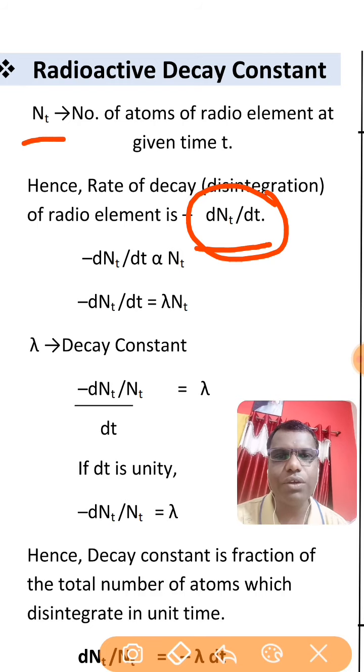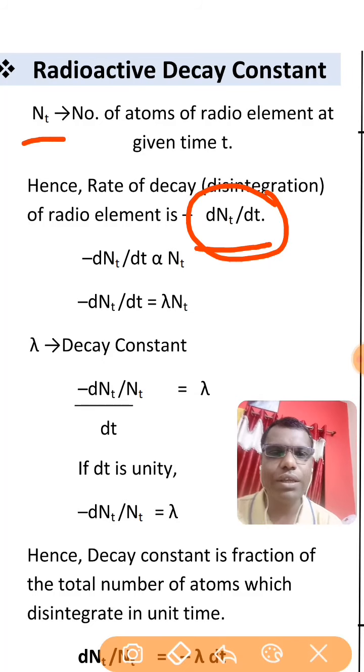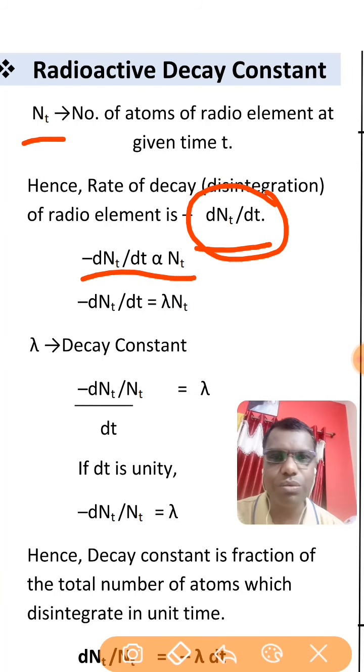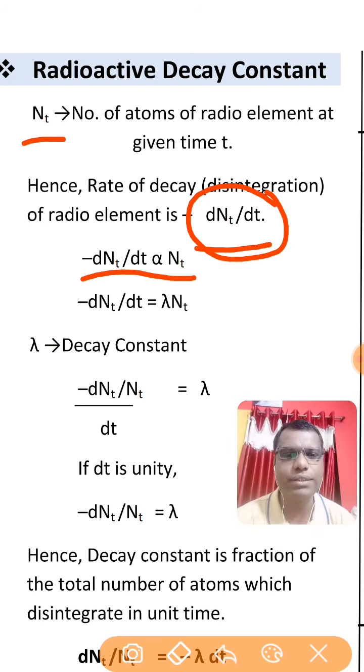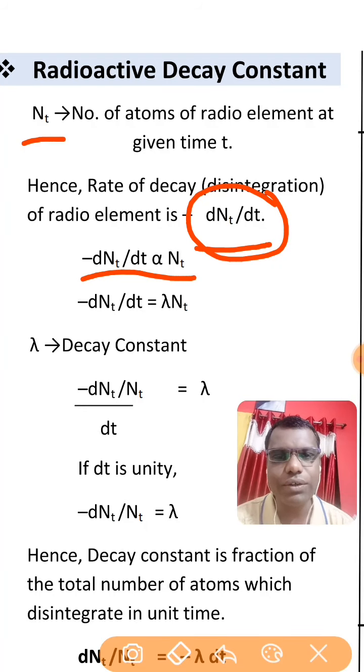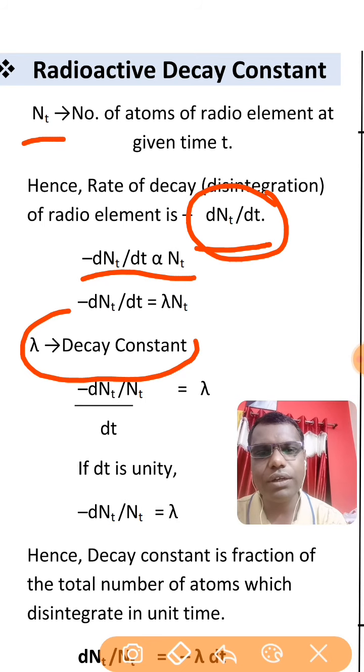So this rate of disintegration of radio element is directly proportional to the number of atoms present at that instant, indicated by Nt. In order to remove the proportionality sign, we had taken a constant, and that constant is called the decay constant.